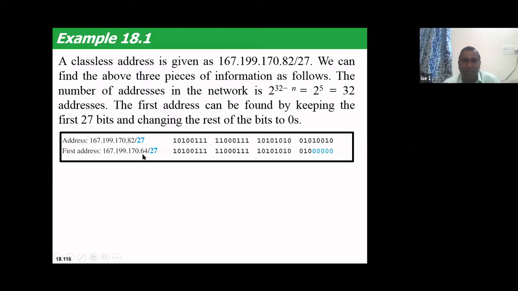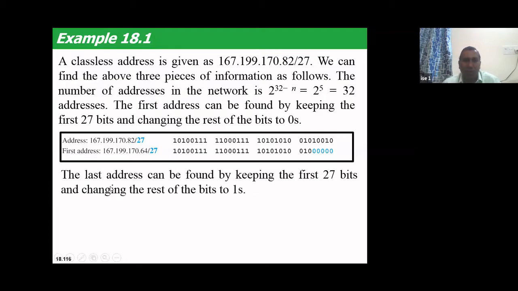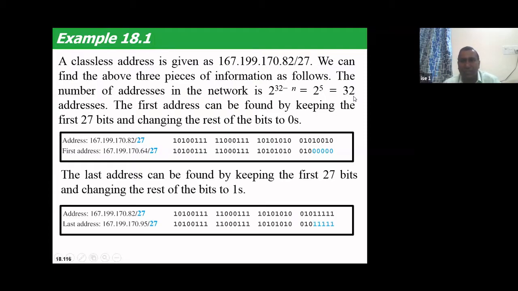This is the first address in this range. Now I want to find the last address out of these 32 addresses. I converted the whole thing into binary, so these are the binary equivalents of these four quantities.